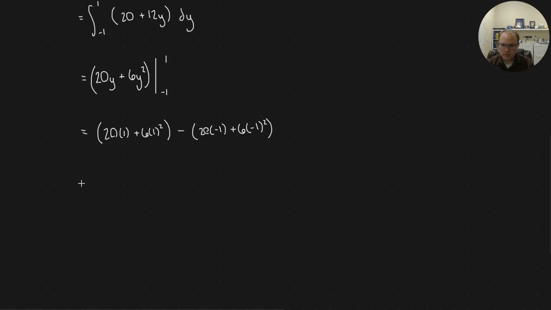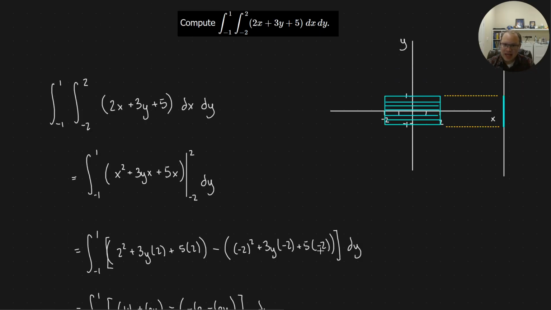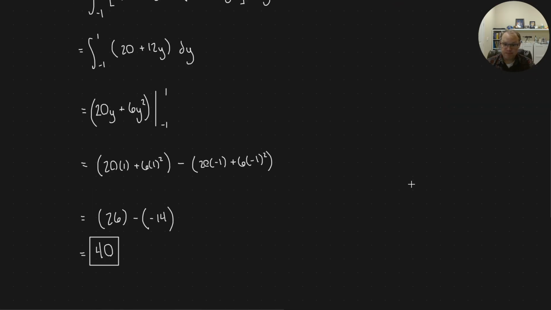So I get 26 here minus, and over here I have negative 20 plus 6, so that's negative 14. And so I end up with positive 40. So what that tells me is that the volume underneath this surface over this rectangle is 40 cubic units.